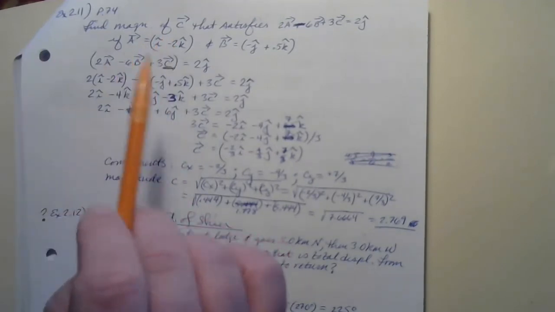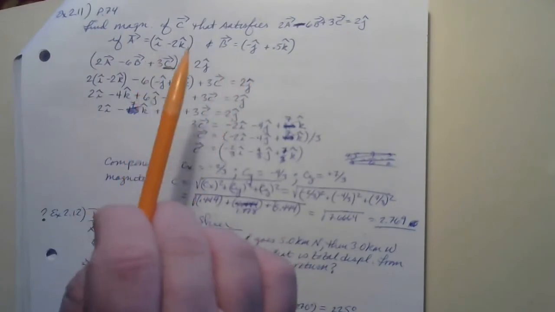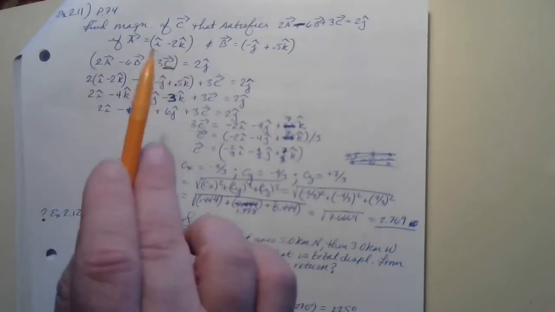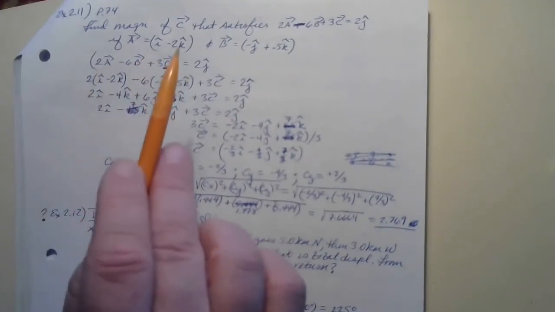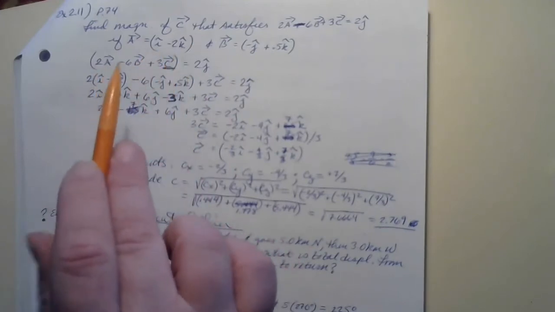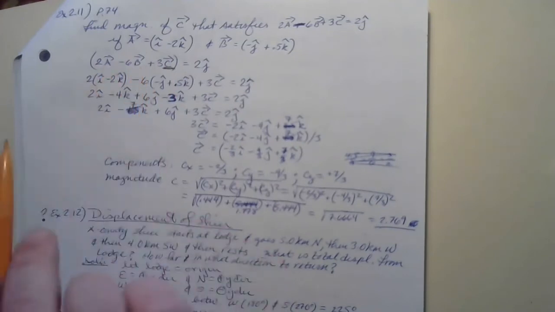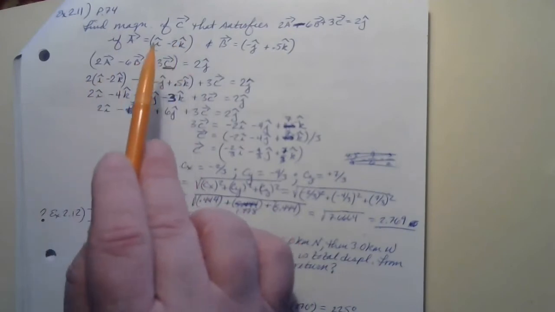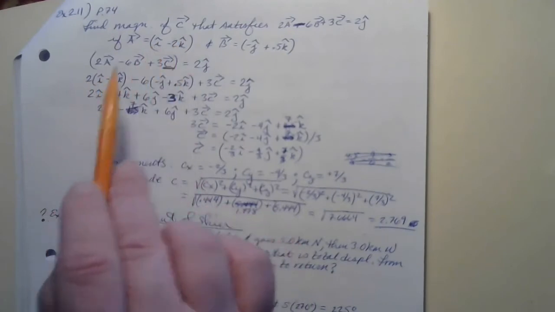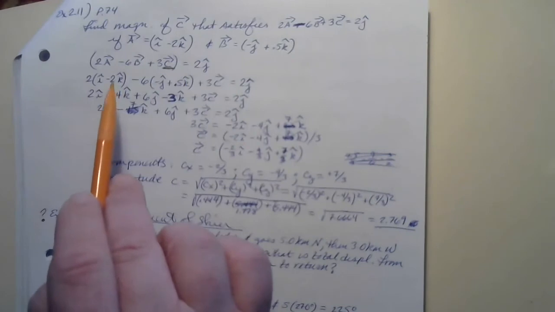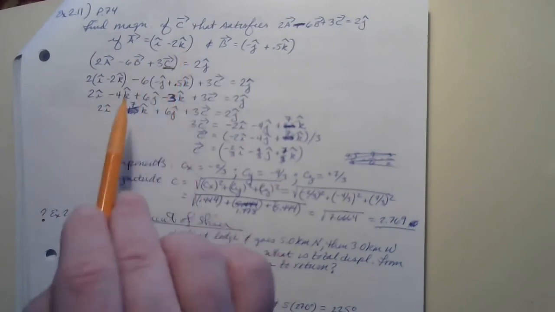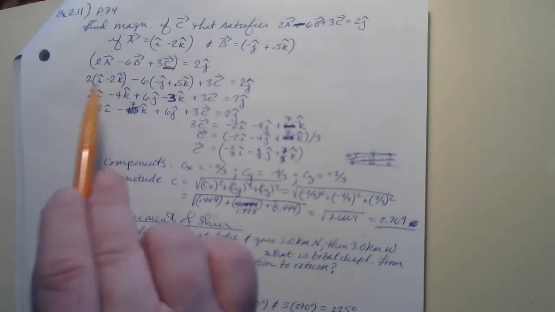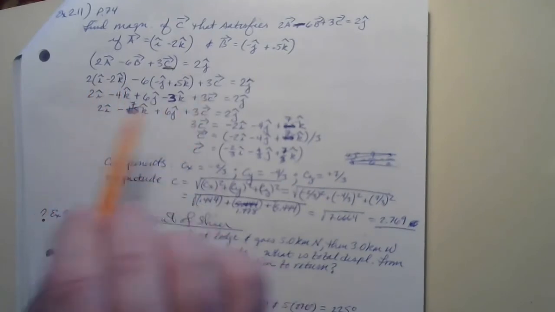We've got vector A and vector B in terms of I and J and K, so we can just write those in for A and B. So 2 times vector A is the same as saying 2 times unit vector I minus 2 times unit vector K. And then you just distribute that 2 over it and put it all together.